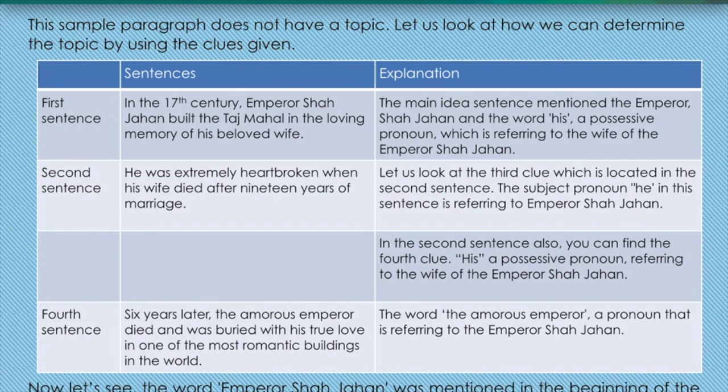Let us look at how we can determine the topic by using the clues given. Now, let's see. The name Emperor Shah Jahan was mentioned in the beginning of the paragraph, then referred to by pronouns and other words throughout the paragraph, such as him, he, the amorous emperor. Therefore, you can infer that the topic of this paragraph is the Emperor Shah Jahan.